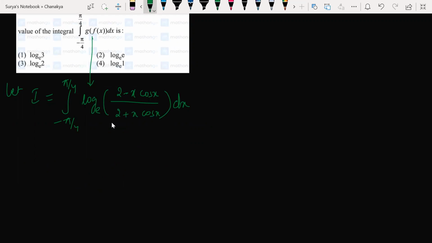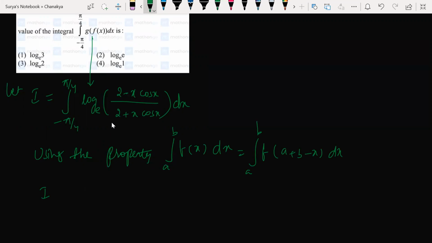Now using the property, integral a to b f of x dx is equal to integral a to b f of a plus b minus x dx. Then how can I write this?